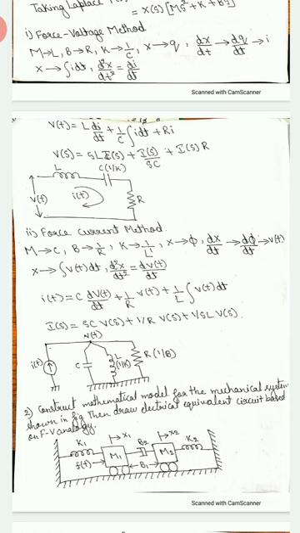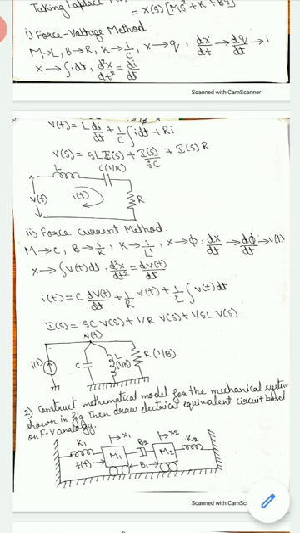Instead of m we replace c, instead of b, 1 by r, and instead of k, 1 by L. Next, we are converting force to current: instead of f of t we write I of t, equal to c, because this is the force current method. C into dv of t divided by dt plus 1 by r v of t plus 1 by L integration of v of t into dt.